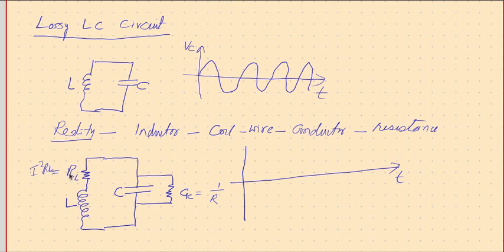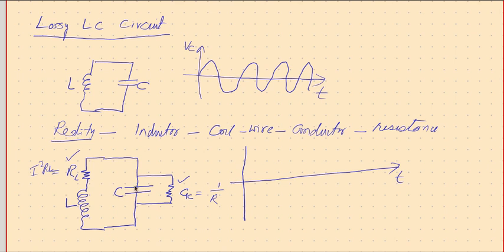Once it's converted into thermal energy, it gets dissipated, cannot reach back to your system, and hence from one side and from the other side, the energy is getting dissipated in the form of heat, because of which the total energy in the system keeps reducing at a fixed rate.